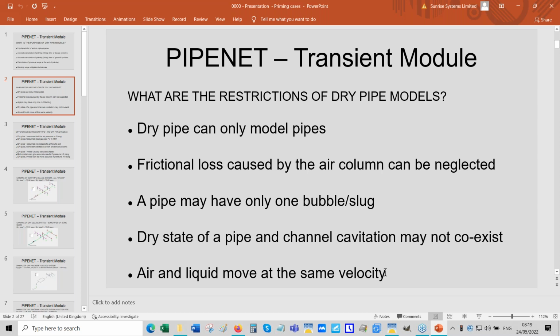In other words, it has a very clear front. Because we're not modeling 3D, we don't have air and liquid moving together. In other words, there's no stratified flow. So the air column and the liquid column, there's one interface, and they will move at the same velocity. This is implicit in the fact that we're assuming a one-dimensional model, and so it's not really an artificial limitation.